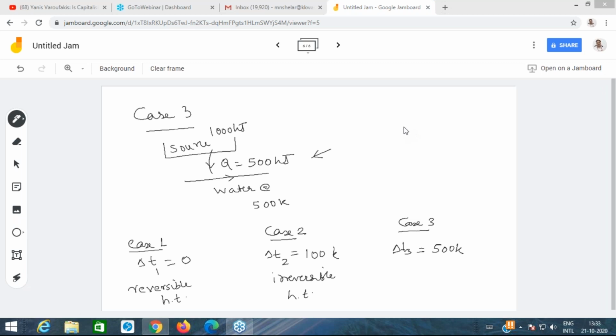Gunjan, which is more irreversible? Okay, Tejas, Gargi, Nikhil, Neha, Samir, you are right. So case 3 is more irreversible. Now calculate the exergy in the case 3.